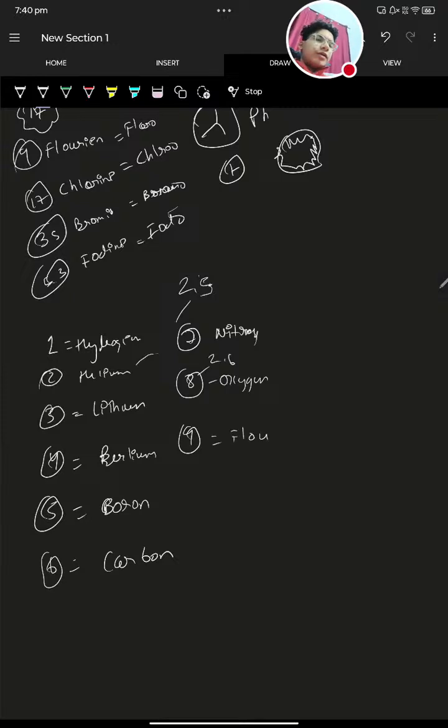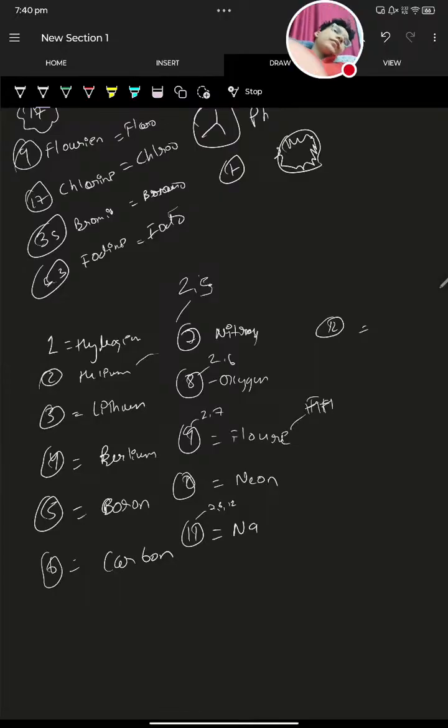Fluorine is the most negative, 2 and 7, like HF. 10th is your noble gas neon. 11th is sodium, 2, 8, 1, a cation metal. 12th is magnesium, Mg, 2, 8, 2.